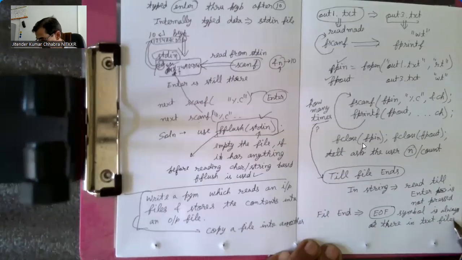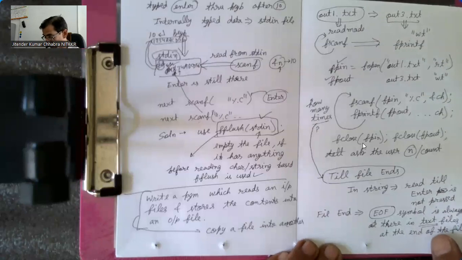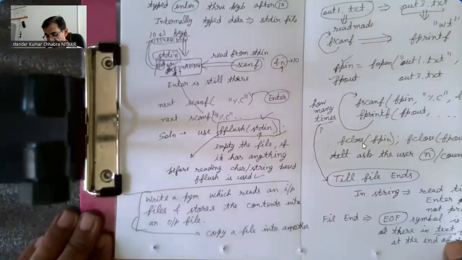So text files we are handling at present, and in text files at the end of the file, this symbol is always present. And we will not be allowed to have this stored by our program statement; internally it gets stored.